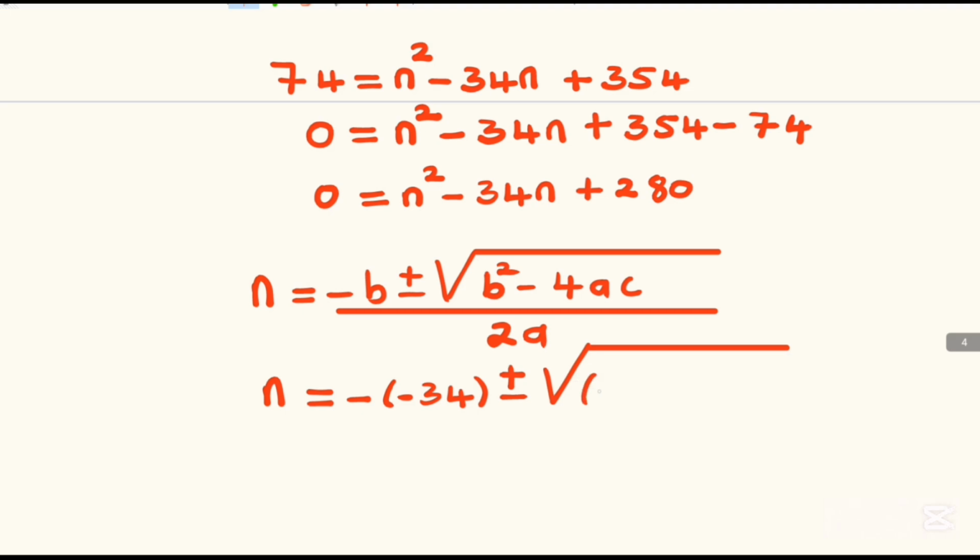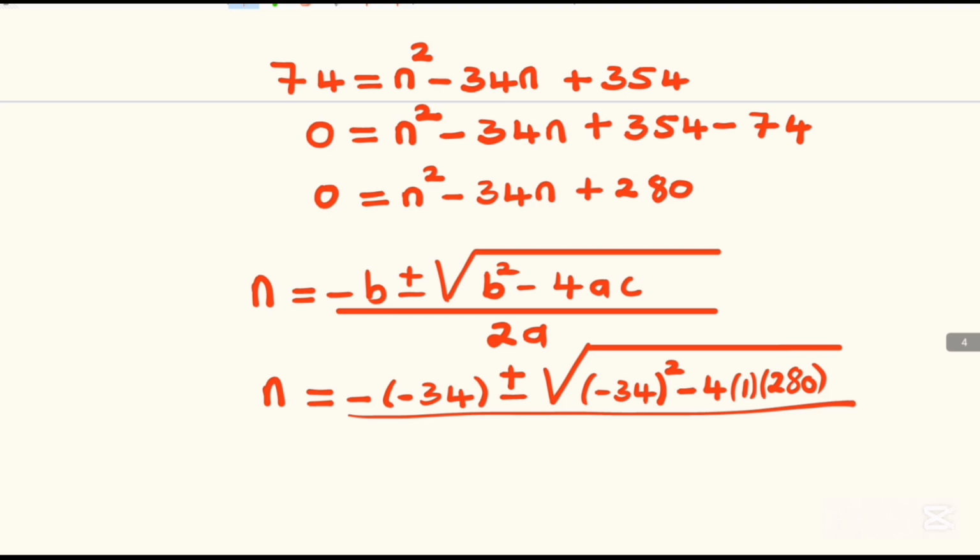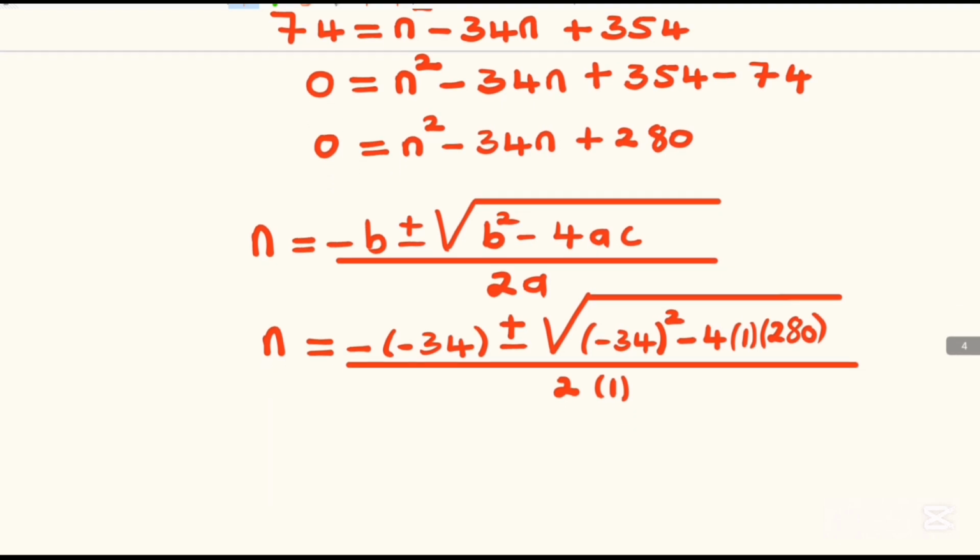Our b is equal to negative 34, which we square, minus 4, and our a is equal to 1, and our c is equal to 280. And this will be divided by 2 multiplied by a, which is equal to 1.